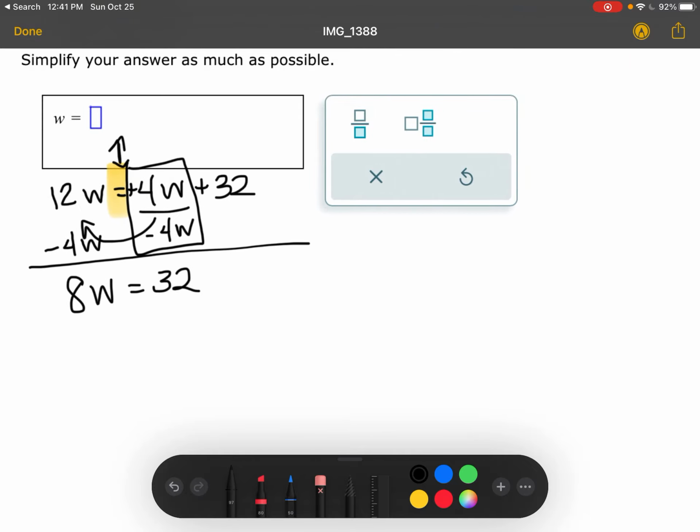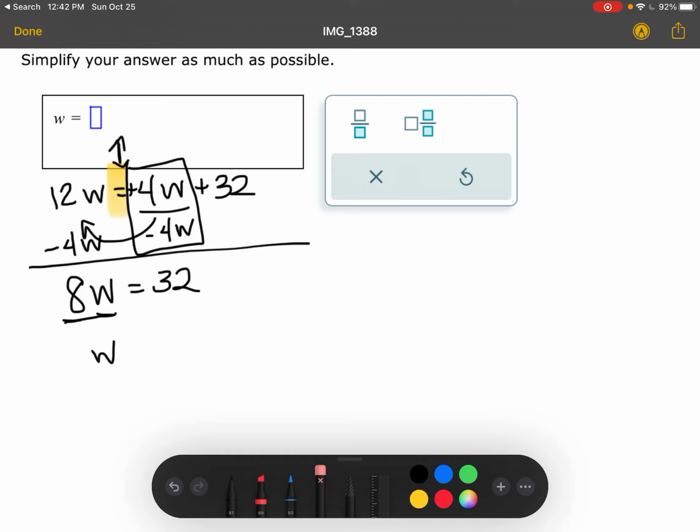Now remember, we're solving for W. To get W by itself, I need to separate 8 from the W. But don't forget, what does 8W even say? 8W really just means 8 times W. So I need to do the opposite of what's there, and the opposite of multiplication is division.